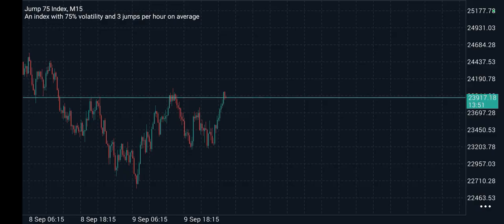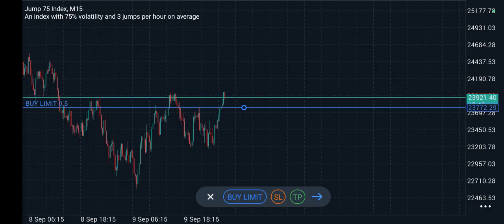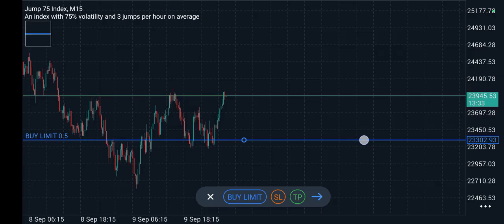Now when you talk about the buy stop, it is the order placed above current price. This is a buy limit, but we are talking about the stop order now, the buy stop. The buy stop is the order placed above current price, and price keeps going up.